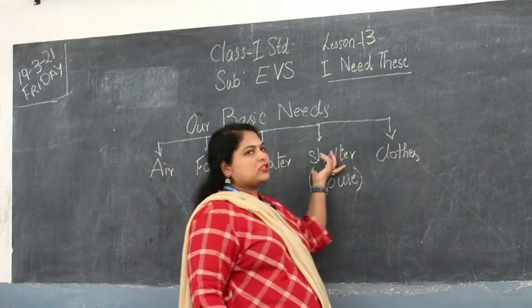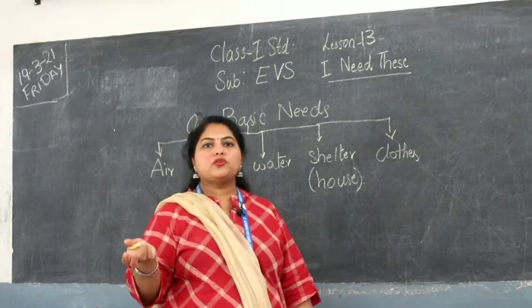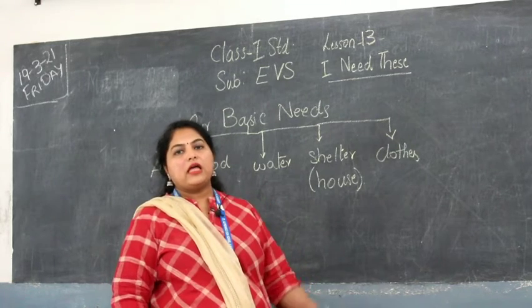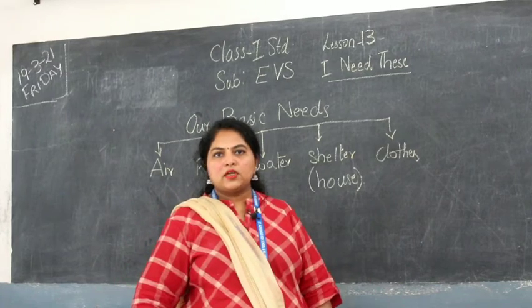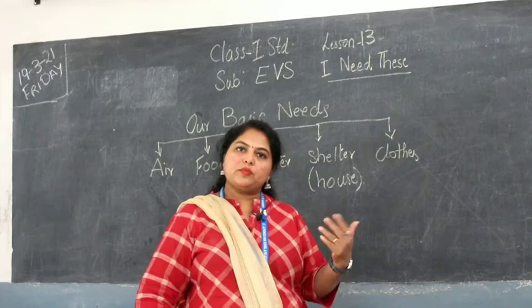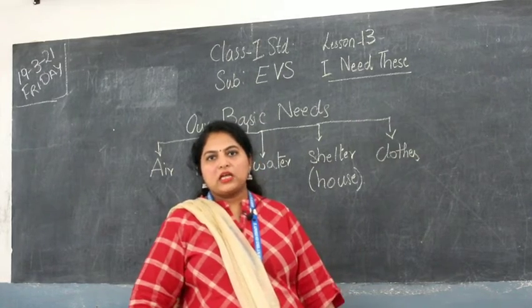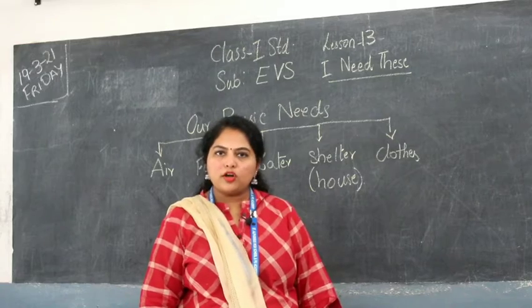Can we live without a house? There would be no houses, we would be on the roads. Who will protect us from the animals, from rains, from sun, breeze? We will be caught in the rain, drenched and wet without homes. If there's sun, it will be so hot.